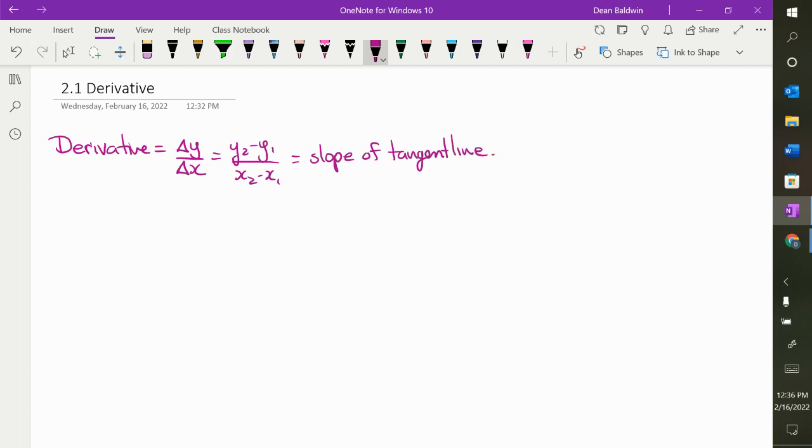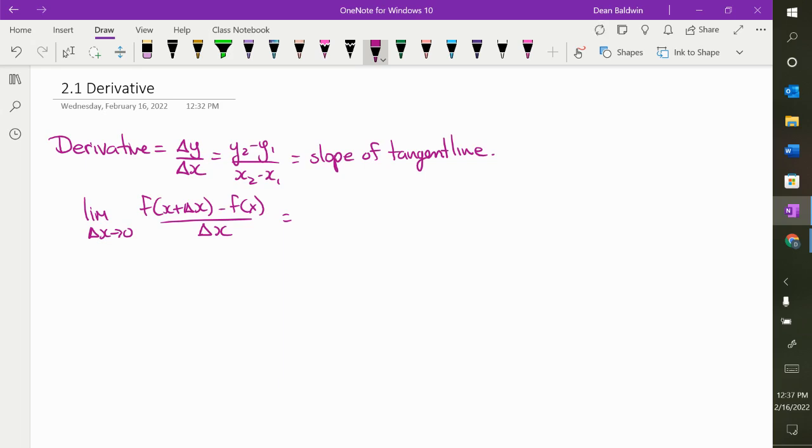And he gave you the limit definition of it, right? So delta x goes to 0, f of x plus delta x. That is the limit definition of the derivative.